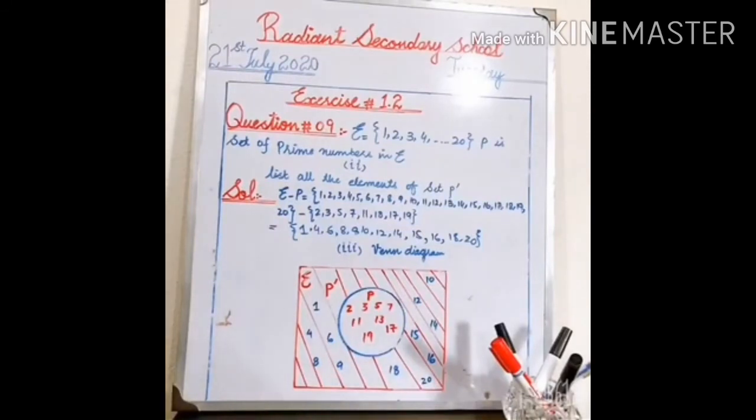Now in the third part, you have to draw the Venn diagram for this set P complement. Okay, for the Venn diagram, first we will draw a square box.